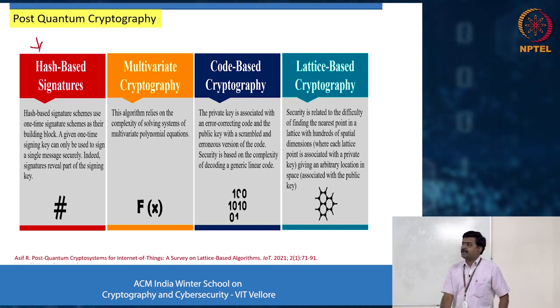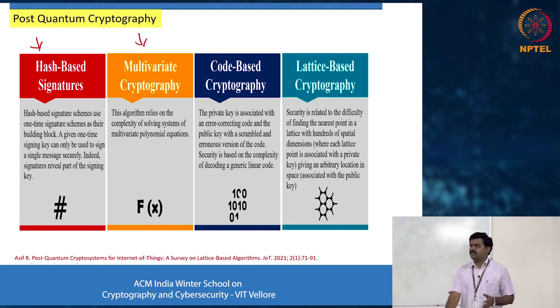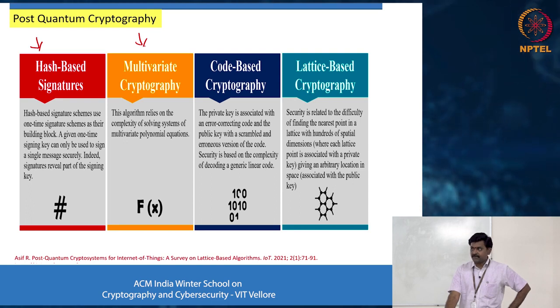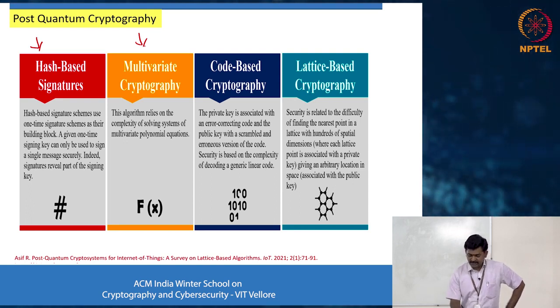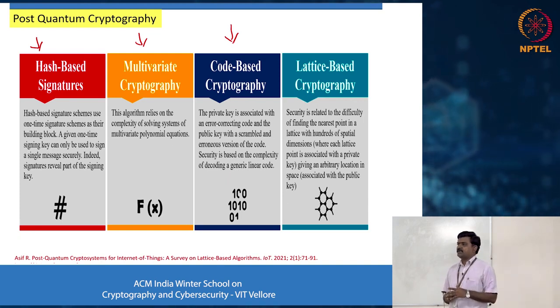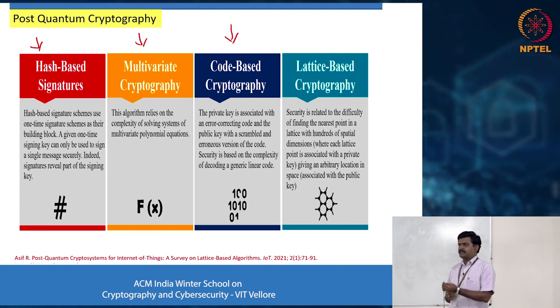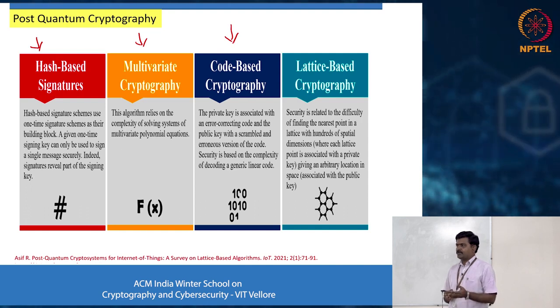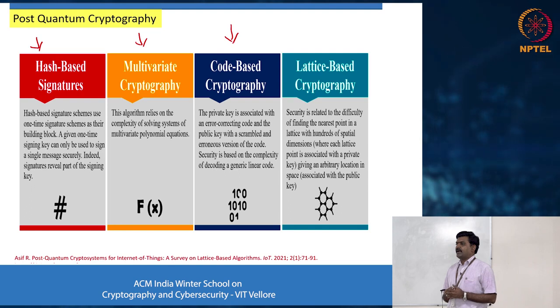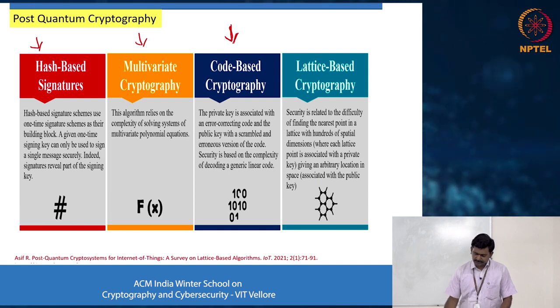Then you have multivariate cryptography, wherein, depending upon solving multivariate equations, you have multivariate cryptography. Then two more interesting aspects: code-based cryptography, wherein, while encrypting, you induce an error into the code, and then at the receiver, you remove the noise. An attacker will not be able to remove the noise. That is the phenomenon of code-based cryptography.